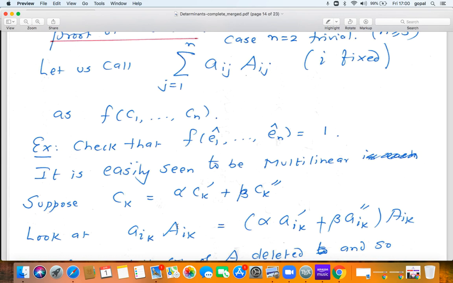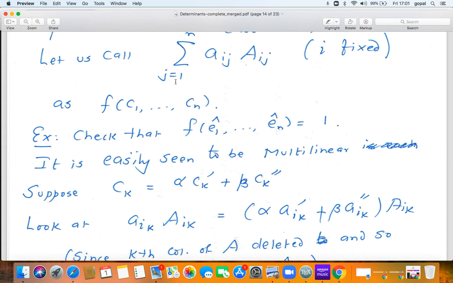So putting alpha Ck prime plus beta Ck double prime in the kth place doesn't affect the cofactor. But the little aik becomes aik prime with the alpha thrown in, and aik double prime with the beta thrown in. So this term aik, capital Aik, will just be the sum of these two terms.